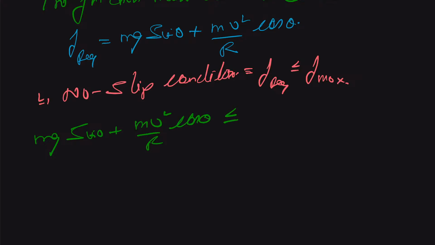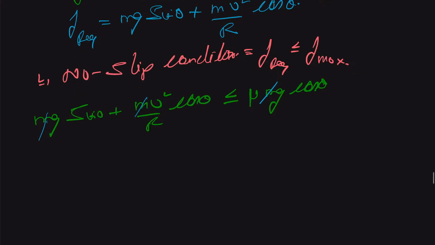The maximum value is mu mg cos of theta, and from here this m simply goes away, and we can solve it for the velocity.